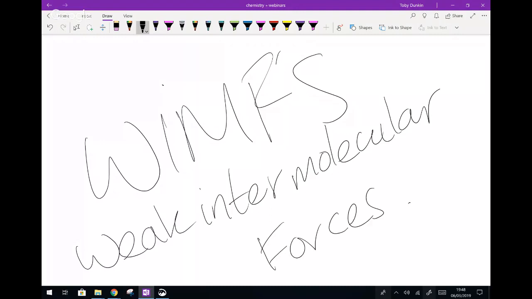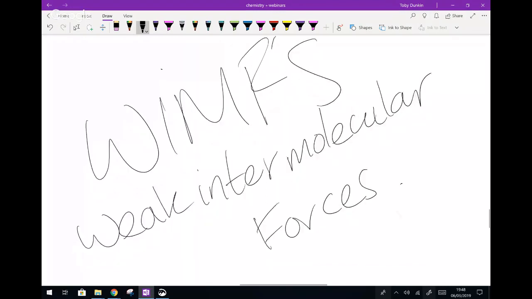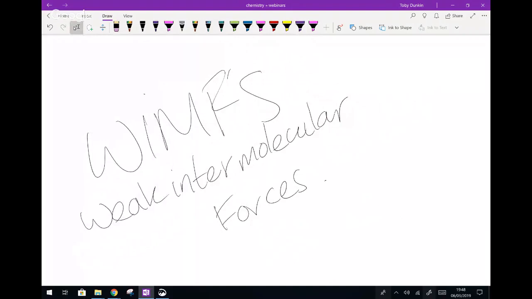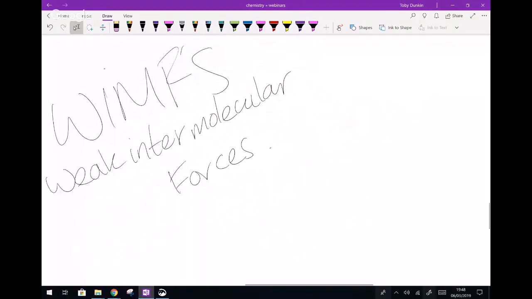What I think was happening is they were getting halfway through and going, oh, I'm bored. But what was our last word again? And it's exactly what they were doing. So I wanted to make it easier, simpler, funny, and memorable. And WIMPs just works really well. And you're going to be using these a lot.